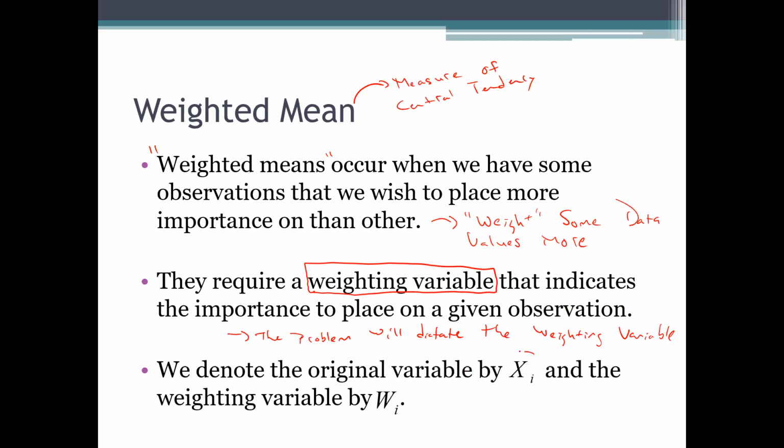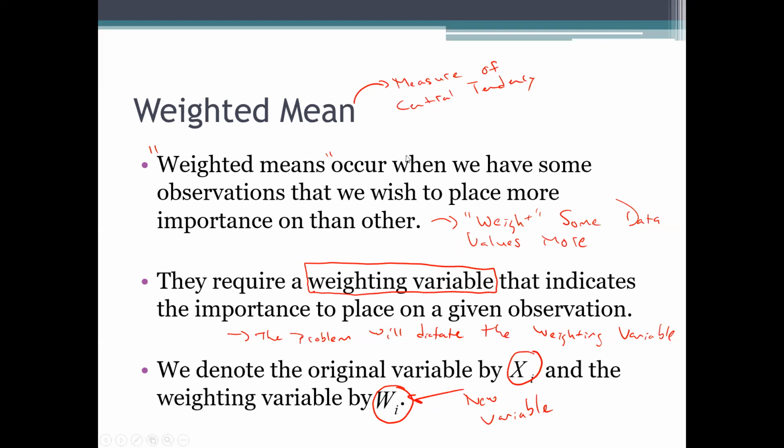We denote our original variable by x sub i. That's what we're originally interested in. And we denote a new variable, the weighting variable, called w sub i. Let me give you an example of this, which illustrates why you need this concept of a weighted mean.